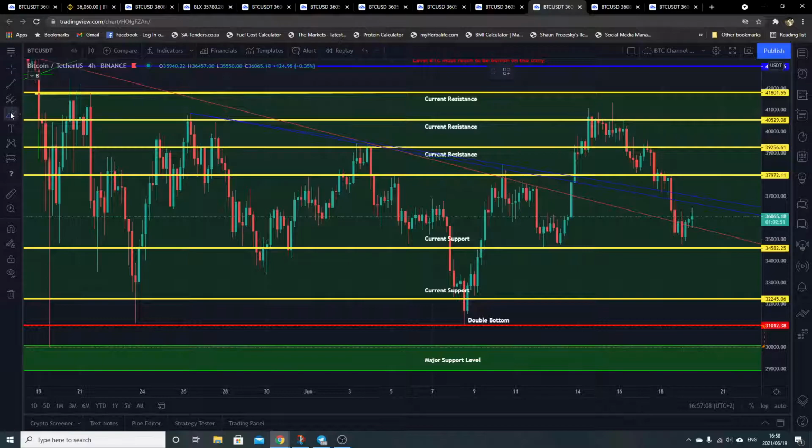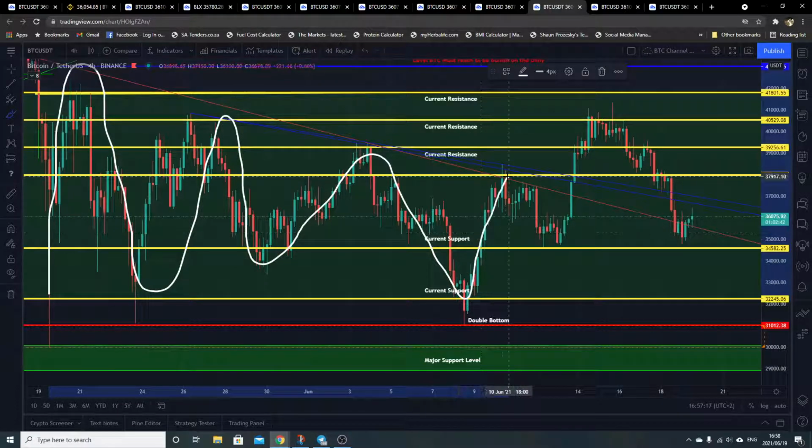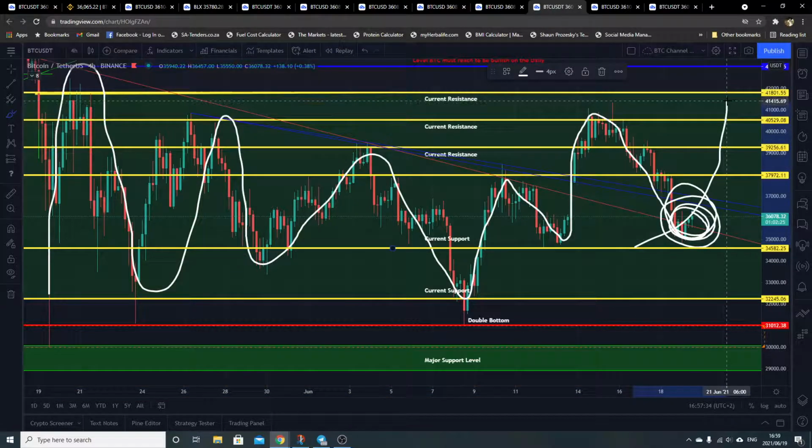So I'm capitalizing on this. Trade long, that's a short, that's a long, that's a short, that's a long. That's a little bit of a waste of time, I won't do it. That's a long, and then the current short that I'm in now, waiting to see what happens with price to either exit my trade, take more profits, or open up a new trade to the upside.